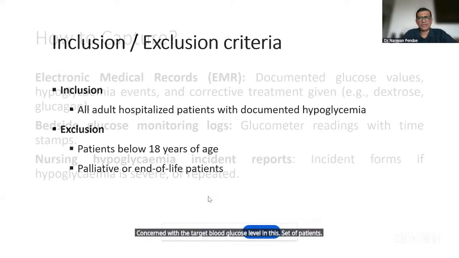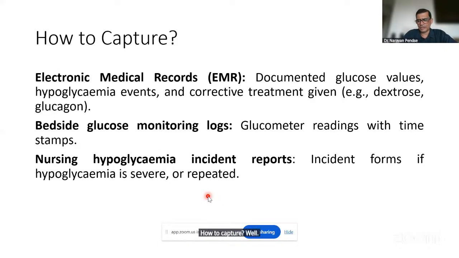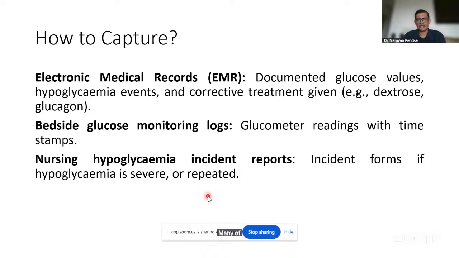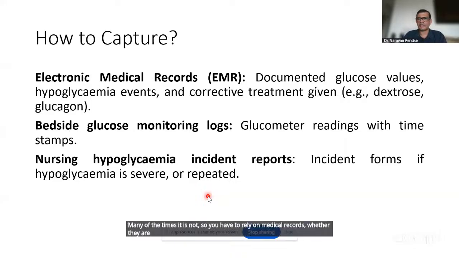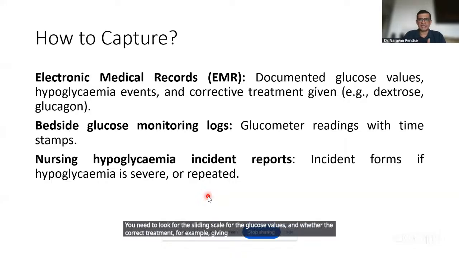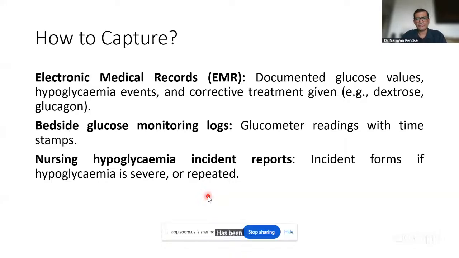How to capture? Well, if you have your blood glucometers, etc., integrated with the EMR or the HIS, it is simpler. Many of the times it is not, so you have to rely on medical records, whether they are electronic medical records or physical case records. You need to look for the sliding scale for the glucose values and whether the correct treatment, for example giving dextrose drip, etc., has been instituted or not.